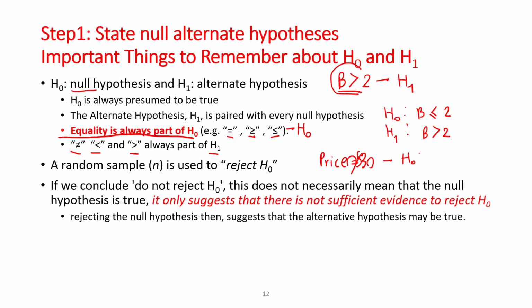So you have to write H0: price equals 30, versus H1: price is not equal to 30. You have to pair them. Equal pairs with unequal. Greater pairs with less or equal. Less than pairs with greater or equal. Okay.